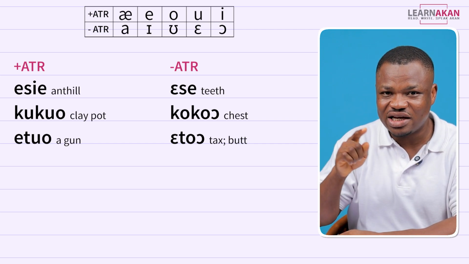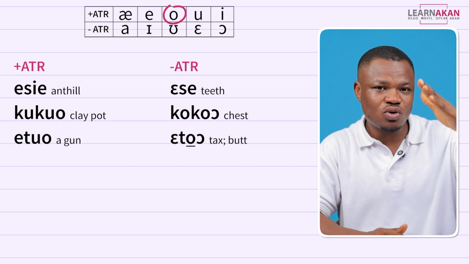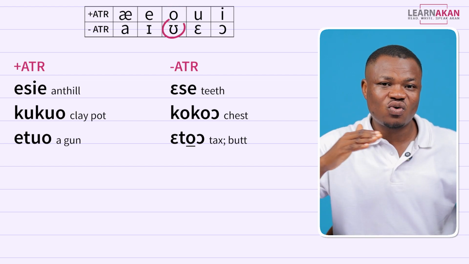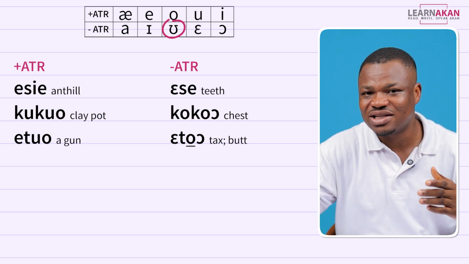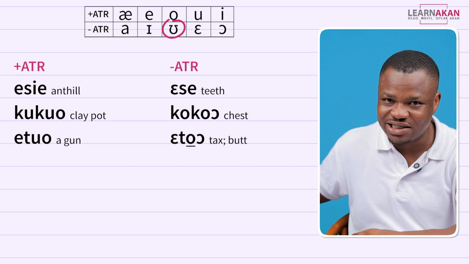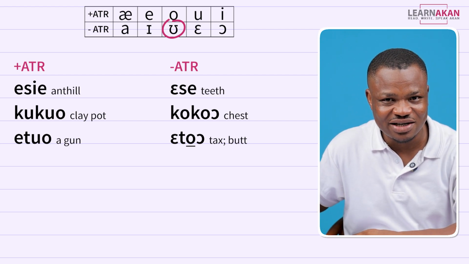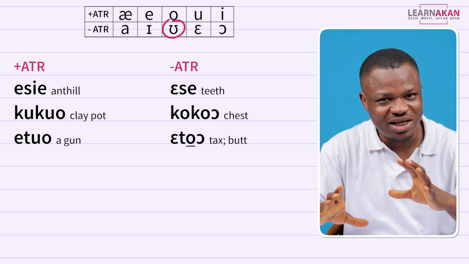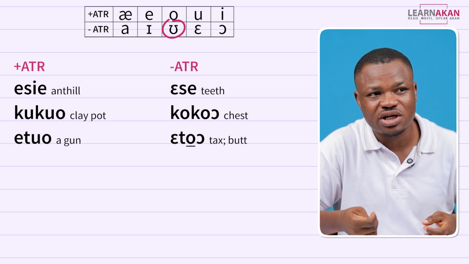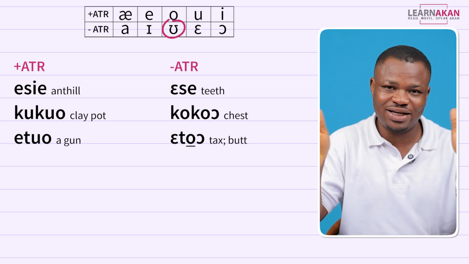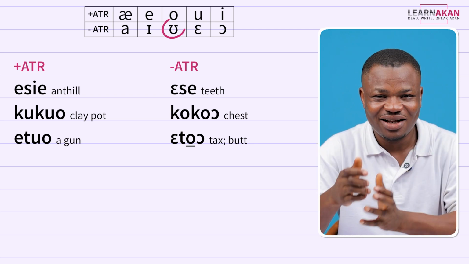So even though we say the O in the middle can be realized as O or as O, we know straight up that it is the O because that is what is from the minus ATR set. So it can't be the O from the plus ATR set. Else, this will not be in harmony. Okay? So we have a two and not a two. No, it doesn't even work. So it's a two. Okay? A two. Let's see another one.